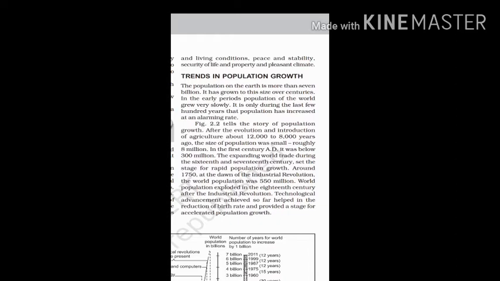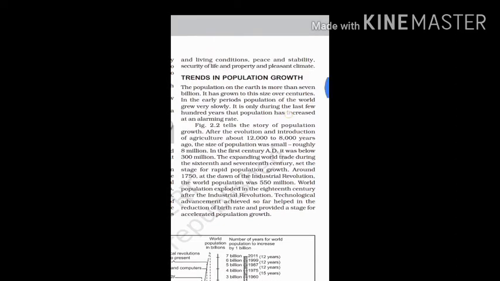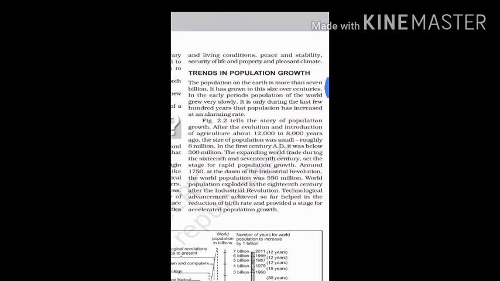The expanding world trade during the 16th and 17th century set the stage for rapid population growth. Around the 1750s, the dawn of industrial revolution, the world population was 550 million. World population exploded in the 18th century after the industrial revolution. Here I have nothing to explain, so you just give a read to this.